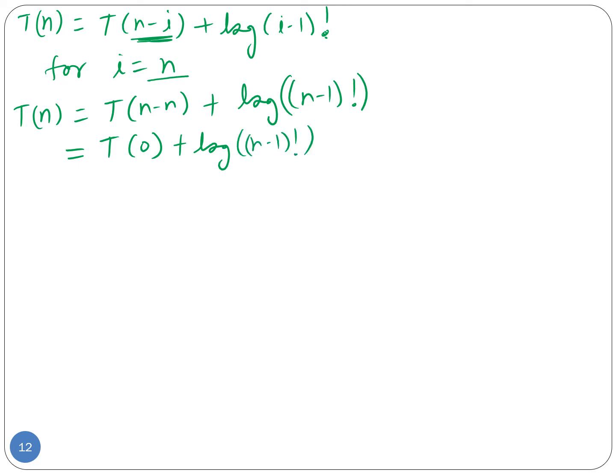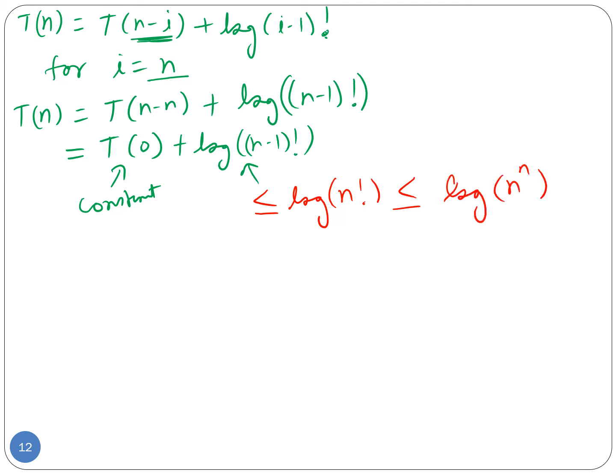Now let's try to find a bound on this. So notice that T of 0 is constant, so we don't need to worry about this. And this log of n minus 1 factorial should be less than or equal to log of n factorial. Okay, and we know that log of n factorial is less than or equal to log of n to the power n, right?